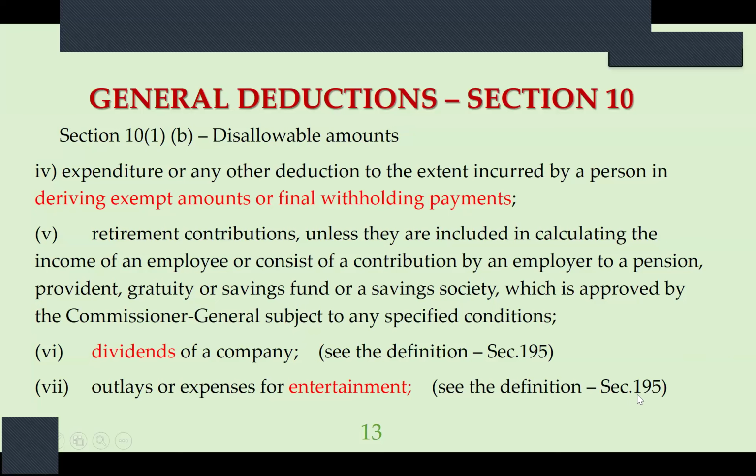It says what expenses we consider as entertainment expenses. That kind of expenses are not allowable as a deduction. After moving to the consolidated debt, I will show you the definitions.